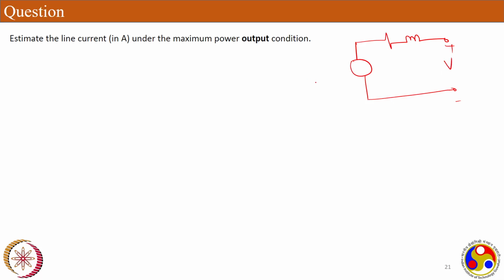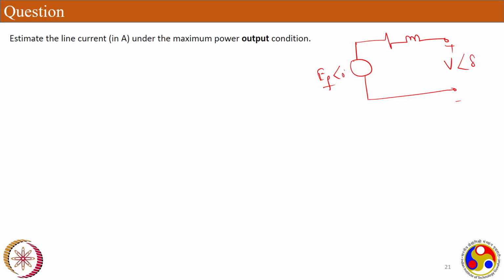Now you can take any reference. Since we are asking the output condition, let's take EF as reference and V at an angle delta. Anything could be the reference; when you are solving, it will give the same answer. But just for simplification, I am taking EF at an angle 0, and V would always be at an angle delta because EF would always be below V for this motor condition.